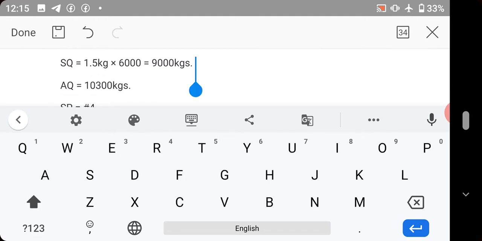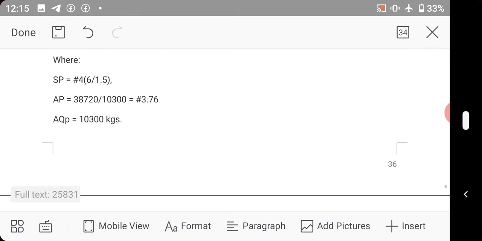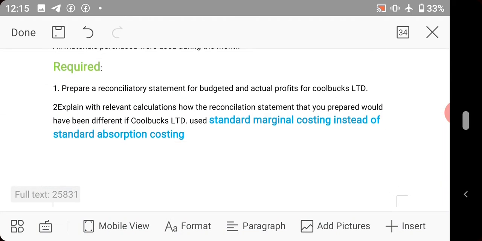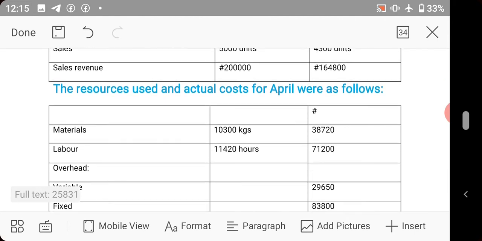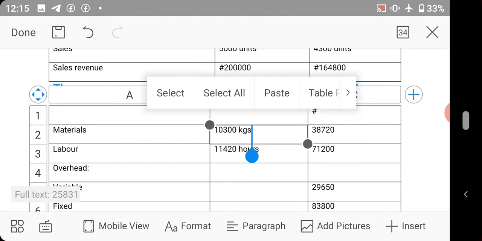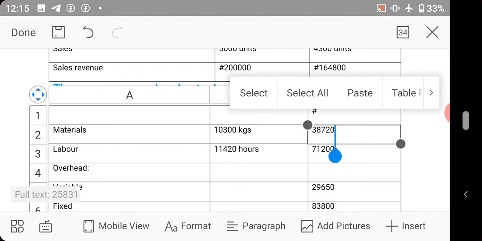Then the actual quantity, you already know, is 10,300 kgs. Remember, I highlighted the actual section with this sky blue color. So the actual quantity is 10,300 kg, while the actual cost is 38,720. That is how we got those values.